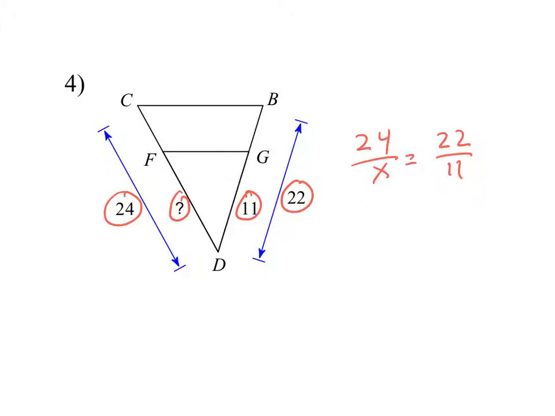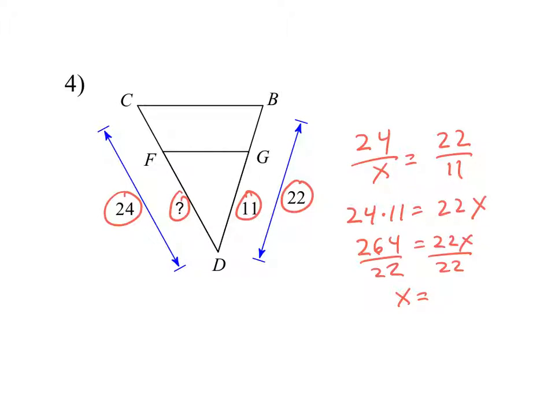Okay, we'll cross multiply. We'll do 24 times 11 equals 22 times x. And 24 times 11 is 264. Then divide both sides by 22. And we'll get x is equal to 12.